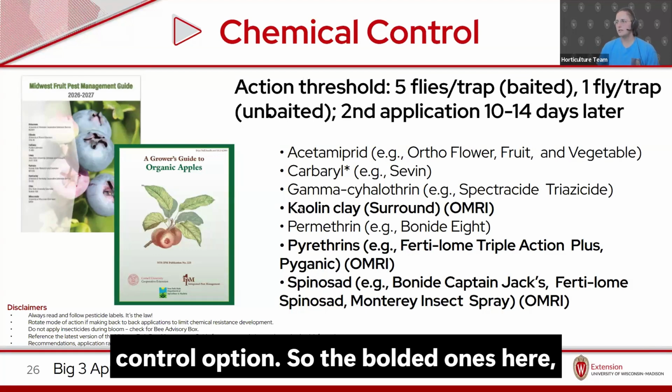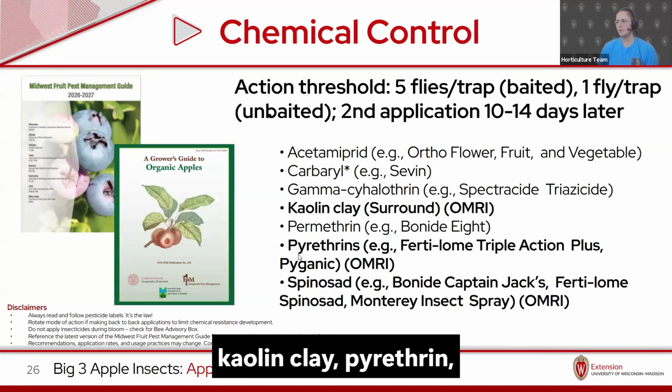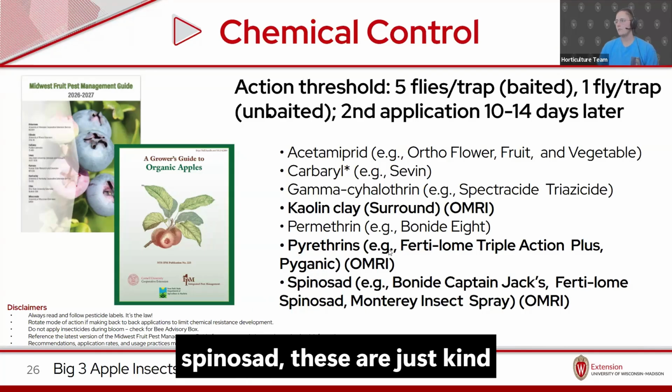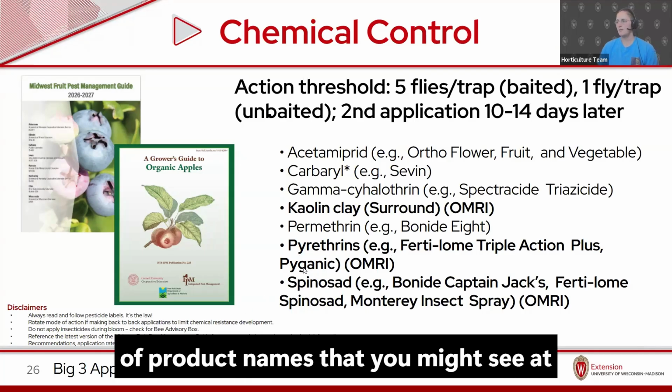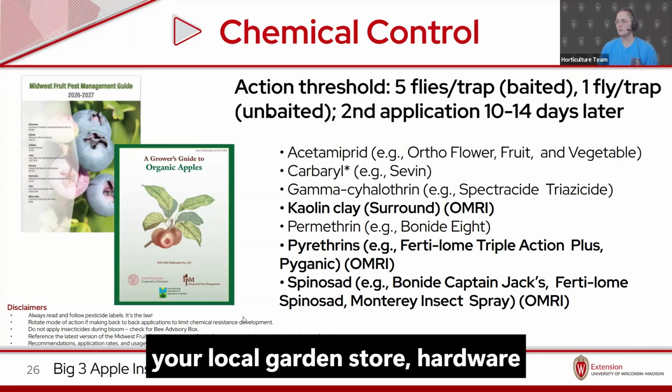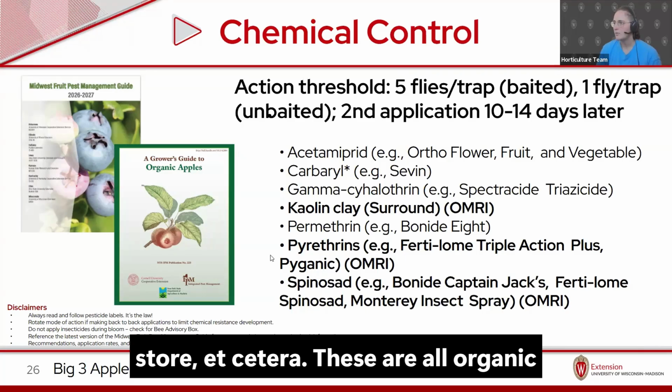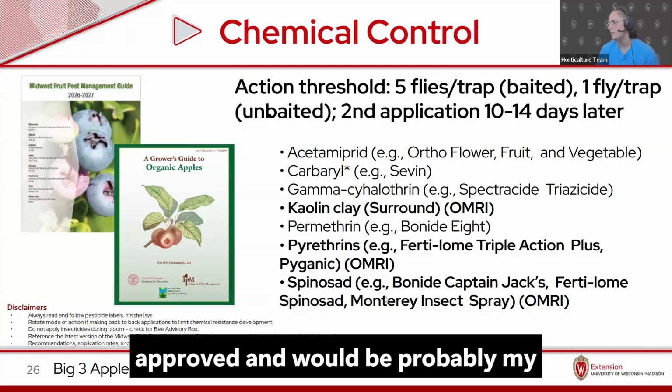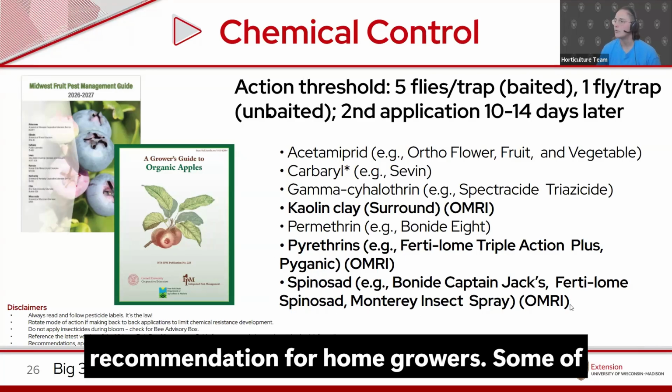So the bolded ones here, kaolin clay, pyrethrin, spinosad, are product names that you might see at your local garden store, hardware store, etc. These are all organic approved and would probably be my recommendation for home growers.